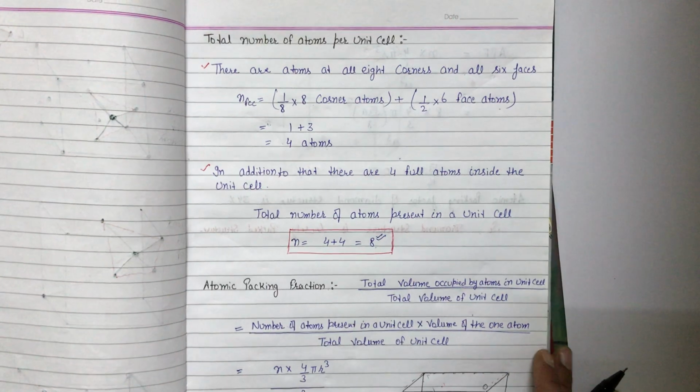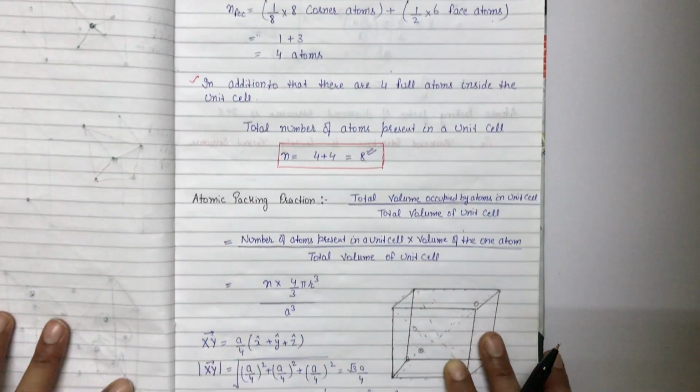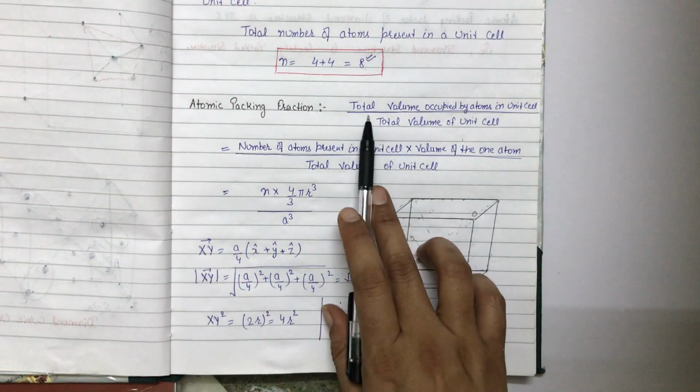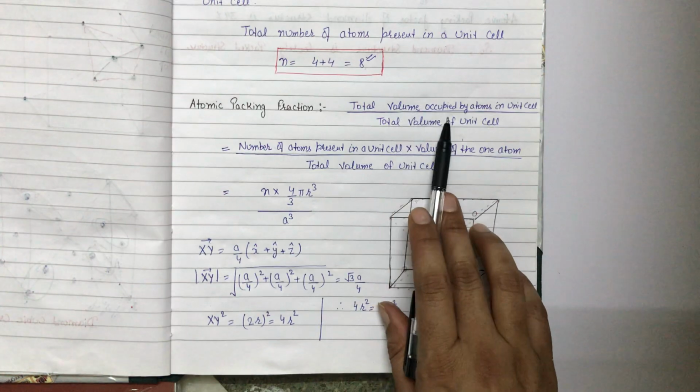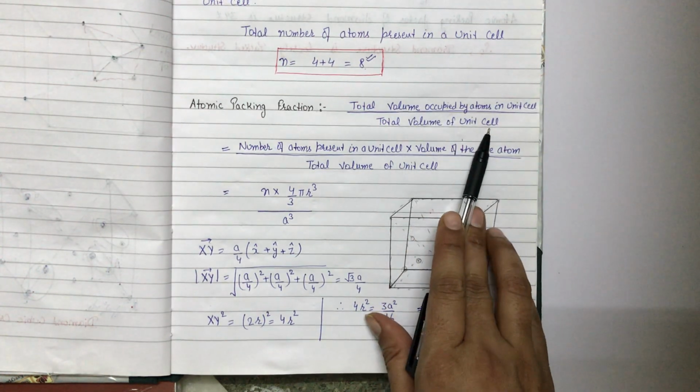So next is about the atomic packing fraction. Atomic packing fraction is the ratio of total volume occupied by atoms in the unit cell divided by the total volume of the unit cell.